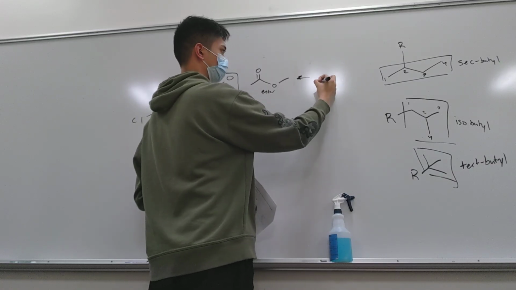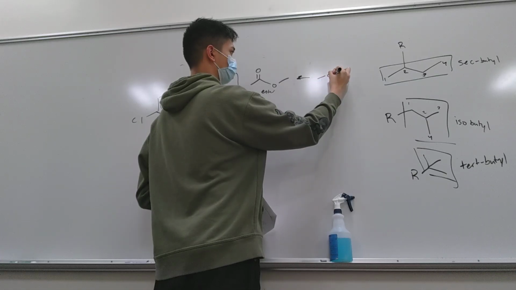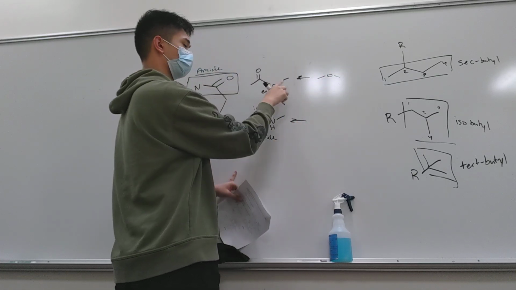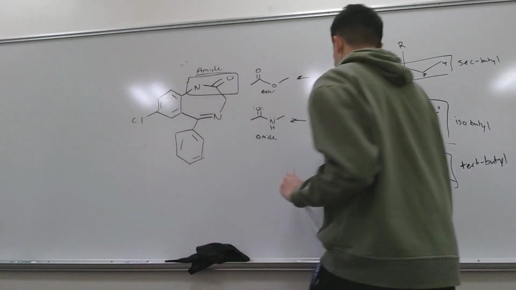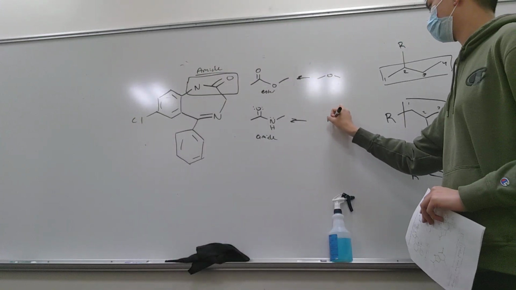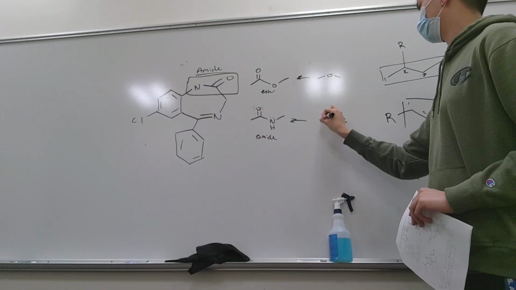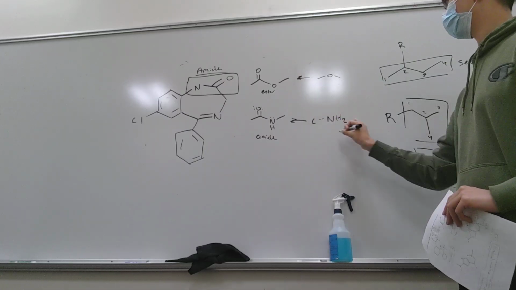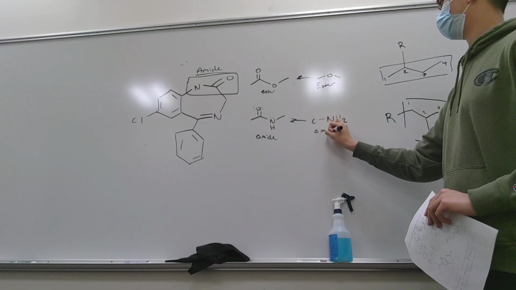So esters kind of look like an ether, right? And an amide kind of looks like an amine. NH2. Let's call that carbon, right? This is an ester. This is an amine.